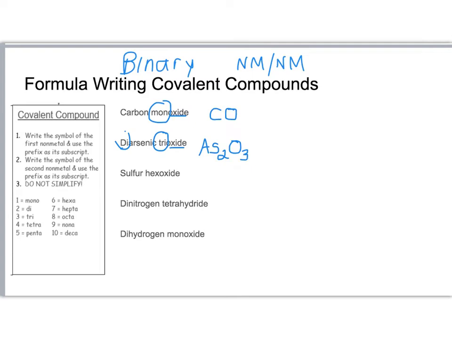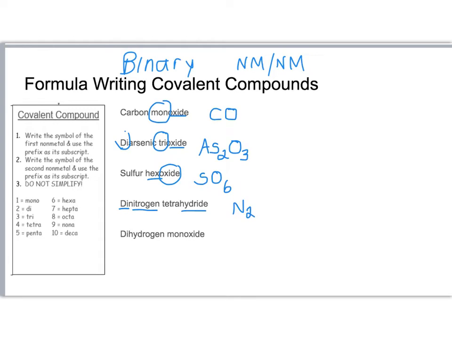In our next example, we have sulfur, which is S. And then we have oxide again, which is O. The hexa means that there are 6 of them. In our next example, we see a prefix of di on the element name nitrogen. So I know that nitrogen symbol is N. Di represents 2.